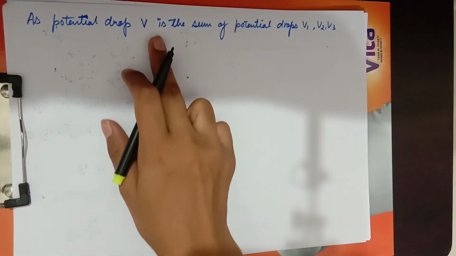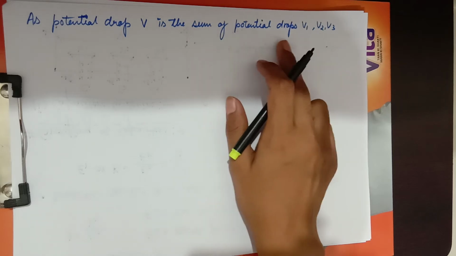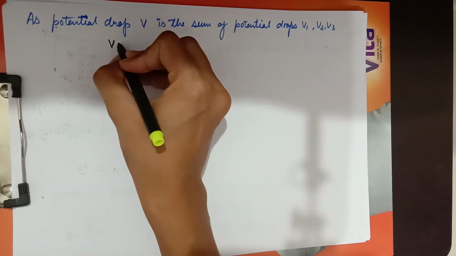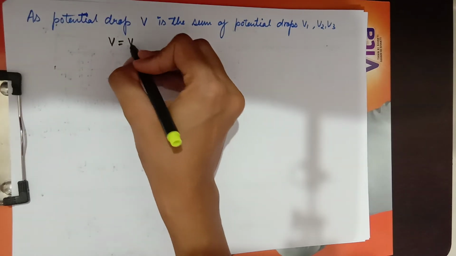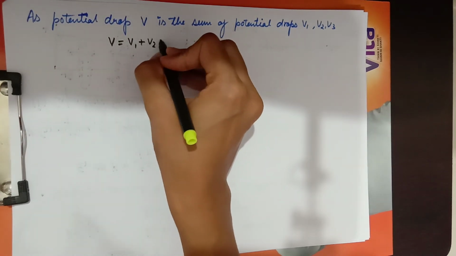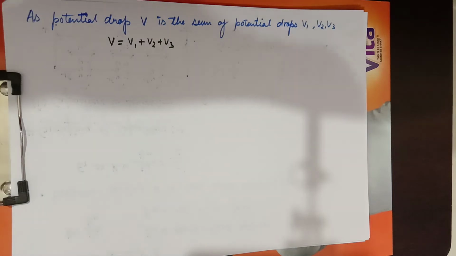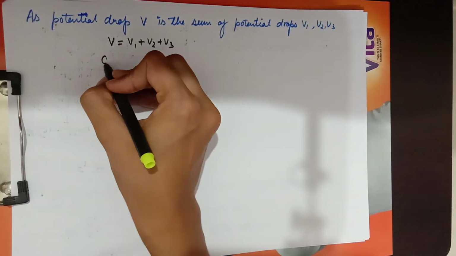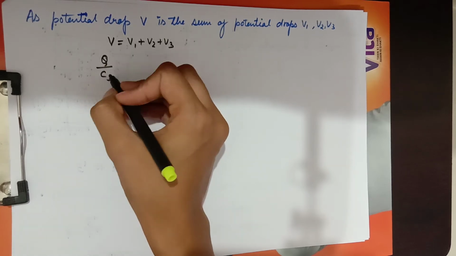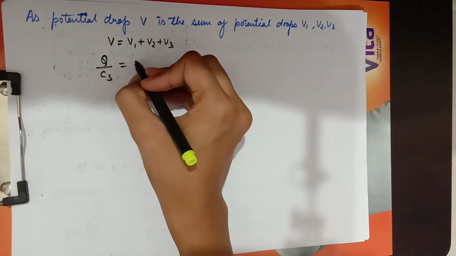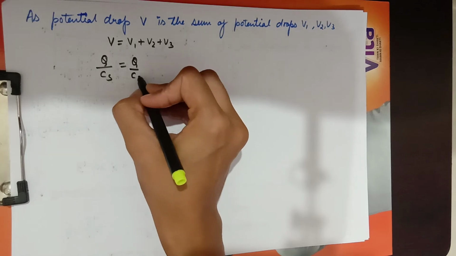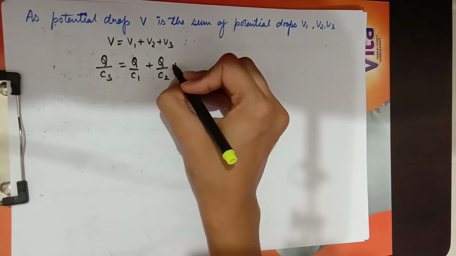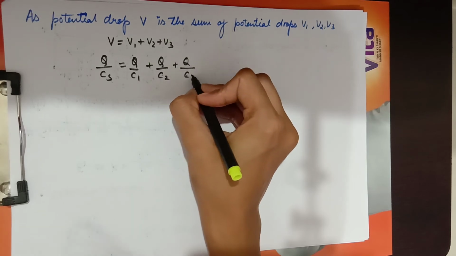As the potential drop V is the sum of potential drops V1, V2 and V3, I can write the potential difference V is equal to V1 plus V2 plus V3. From equations number 1 and 2, I can write Q over Cs in the place of V. Similarly, in place of V1 I write Q by C1, then Q by C2 and Q by C3.